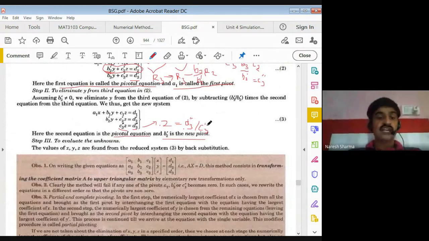Now once you get z from the last row, you put that particular z in your second row, substitute here, then you can rewrite this, you can get the value of y from this. You have z also, y also, you just put y and z in your first row, you get your x from your first row. So z from your last row, then substitute in your second row, then you get y, then you put y and z in your first row. This procedure is called your back substitution.